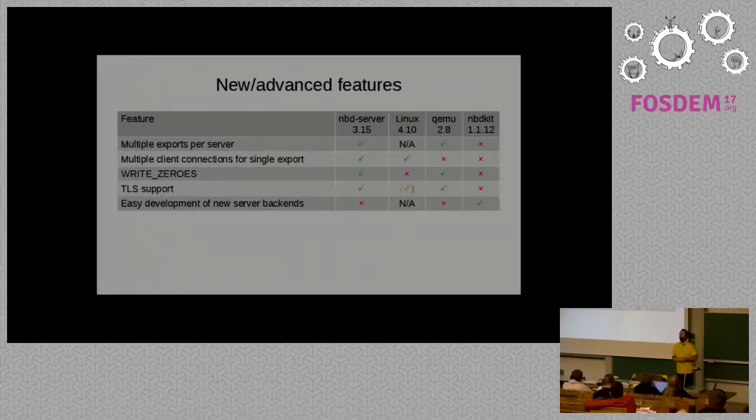So Linux 4.10 is the first kernel that implements that feature. So if you use MBD on Linux 4.10 with MBD client 3.15 or higher, then you can use multiple client connections, and you will get quite a speed up there. QEMU doesn't implement that yet, at least not in version 2.8. MBD Kit is only a server and doesn't implement that part.